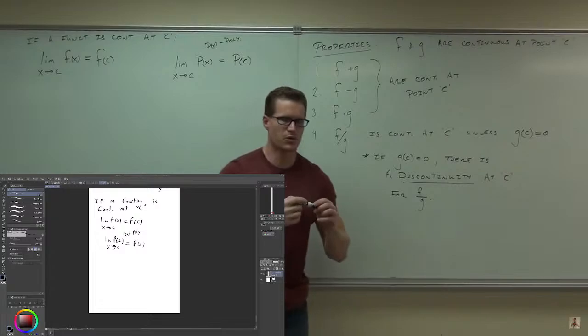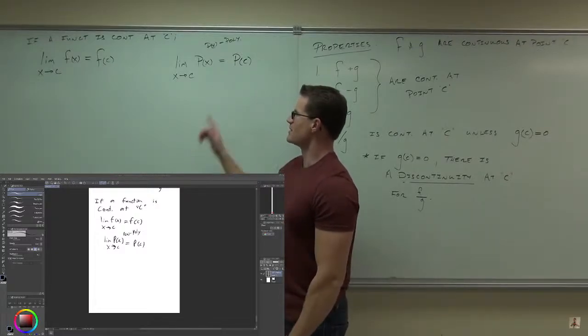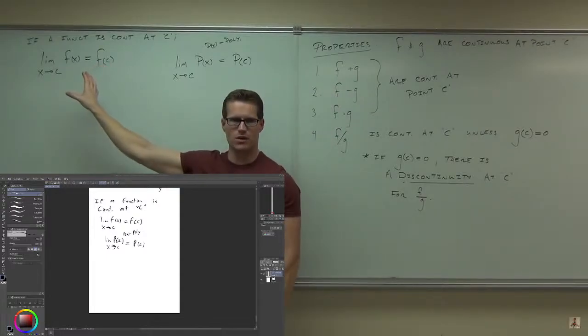This is interesting. I've just proved something for you in kind of a simple way. It's kind of nice. Do you see that this looks a whole lot like that? This was the definition of continuity, right?